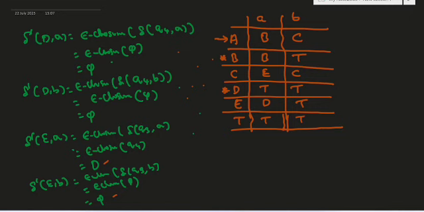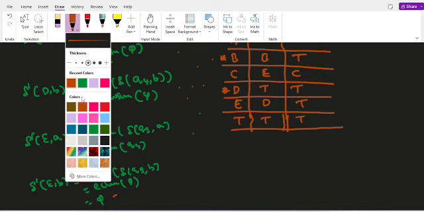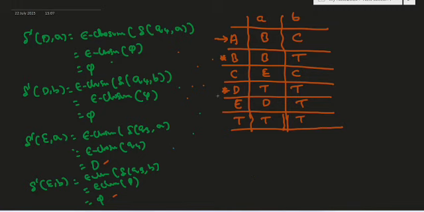Okay. So we will try to convert this into a diagram now. We have state Q1, sorry, it should not be Q1, it should be ABC.